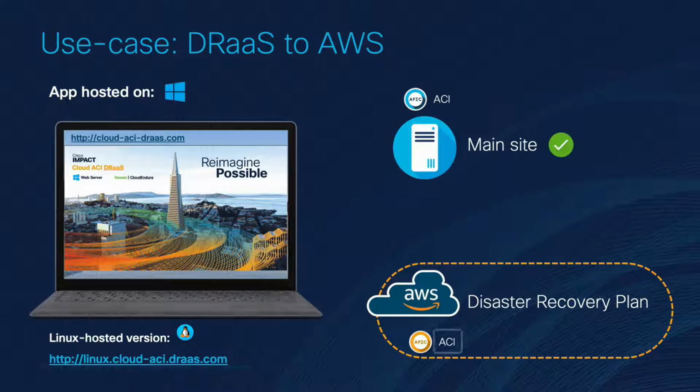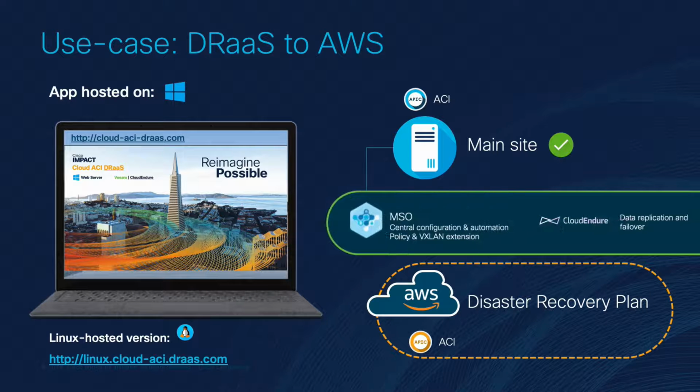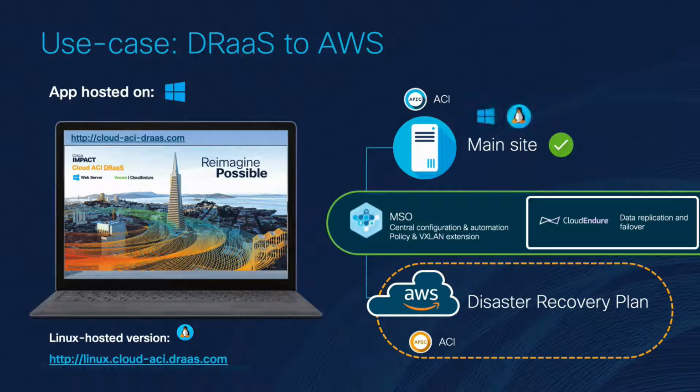We have already installed Cloud ACI on AWS, and we have implemented ACI Multi-Site Orchestrator in order to connect both of them automatically, while centralizing operations and policy definitions. We have also installed CloudEndure agents in our Windows and Linux web servers running on-prem on VMware, so that the contents of each server are continuously replicated from San Jose to AWS.